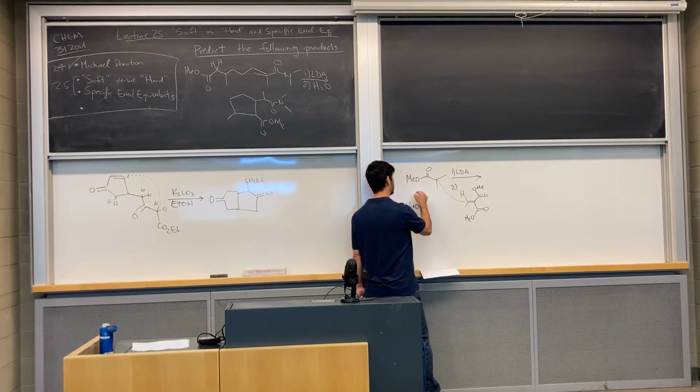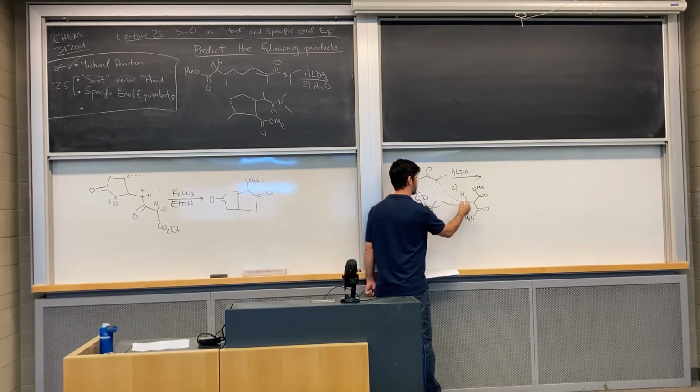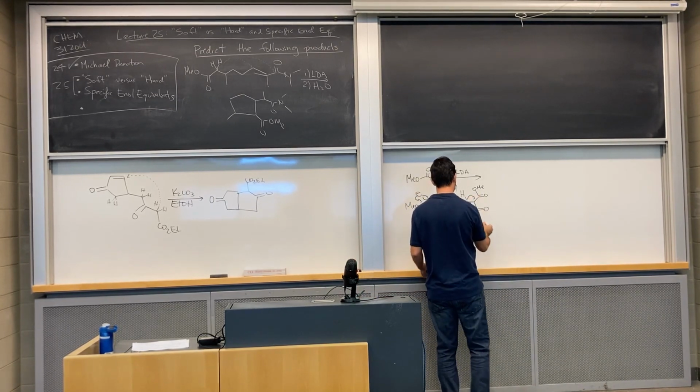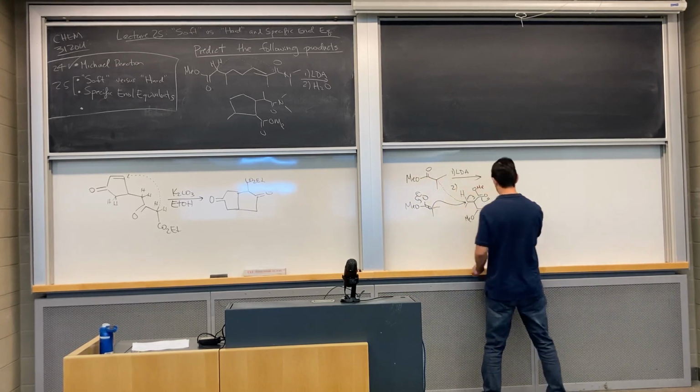You have your enolate, it comes down and reacts here, and then you can push electron density through one of these esters.